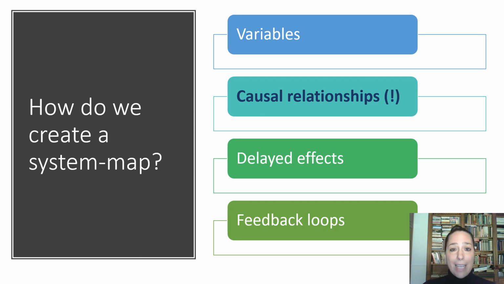Try and see what influences degrowth and how they affect each other. And then, of course, today we will not have time for this, but we can have a look at where delayed effects may occur that influence the whole system, and of course what feedback loops there might be.